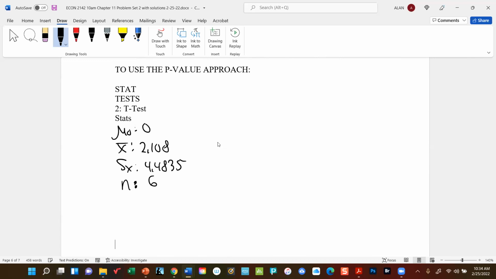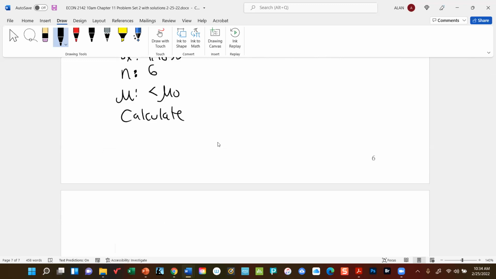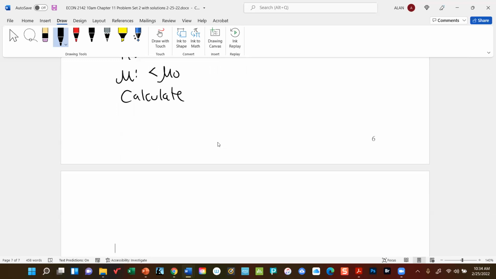Make sure it's a left-tailed test. And then calculate. Okay, and then you go in here and you'll see that it repeats for us the t statistic, or test statistic, which you already knew to be about 1.15.